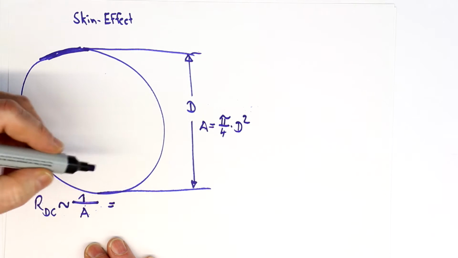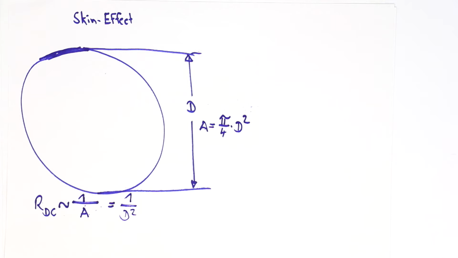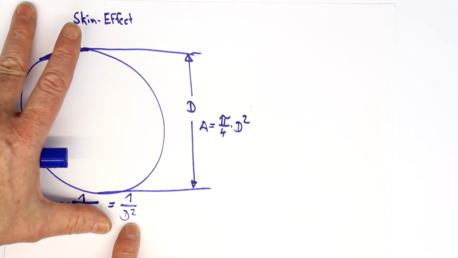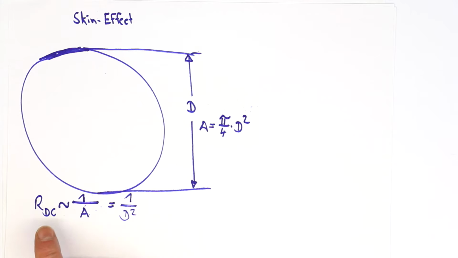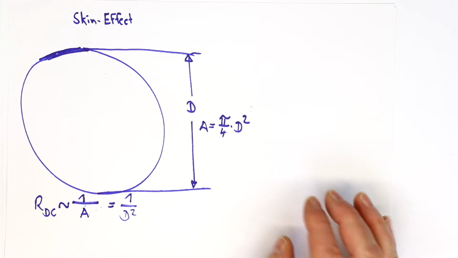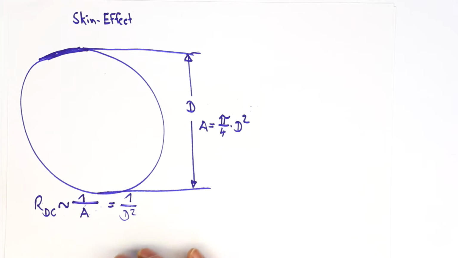So we can conclude that the DC resistance of a conductor goes down with 1 over d squared. That means if you double the diameter, you only get 1/4 the resistance, and if you triple it, you get 1/9 of the resistance, etc., etc.